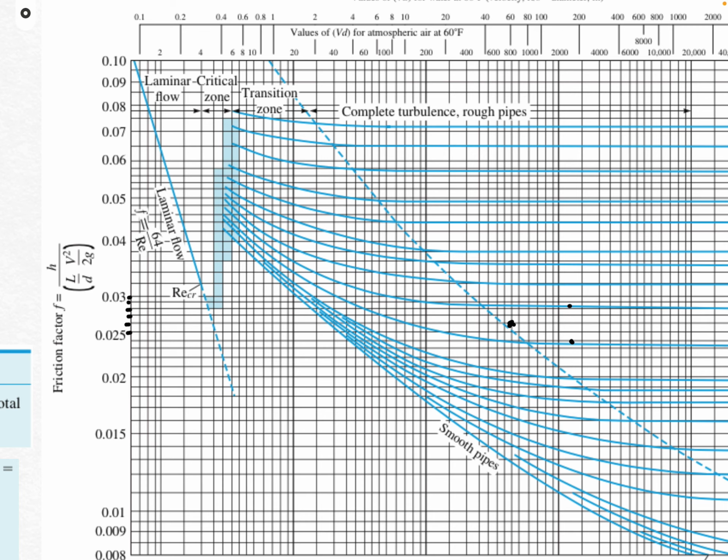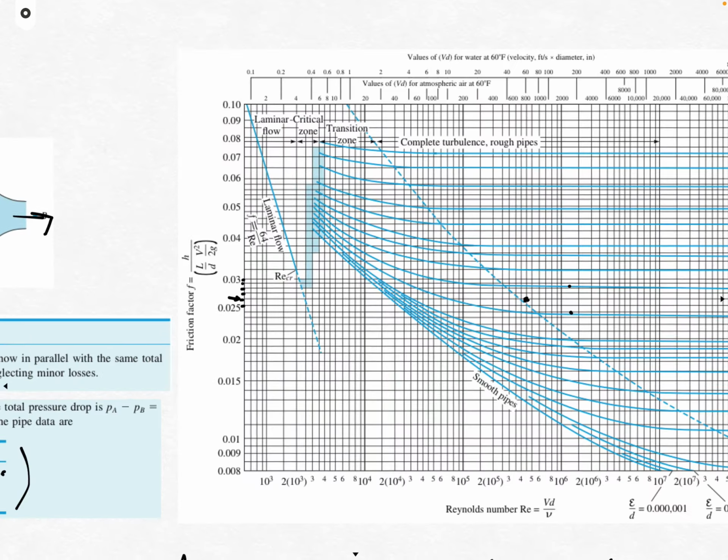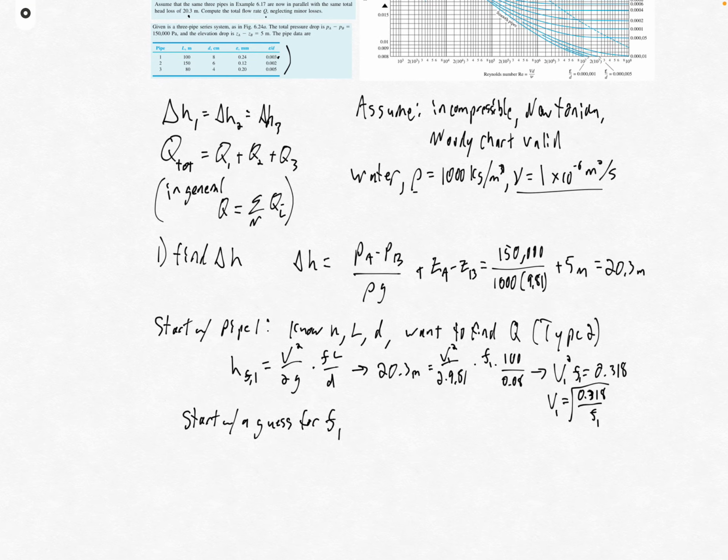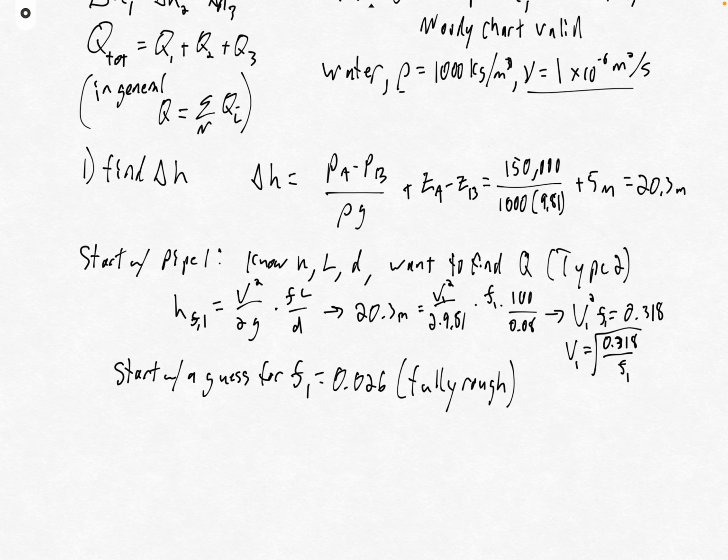We're going to be right about at this value, which corresponds to a friction factor of 0.026. So let's start there in our problem down below, and that's from the fully rough solution.